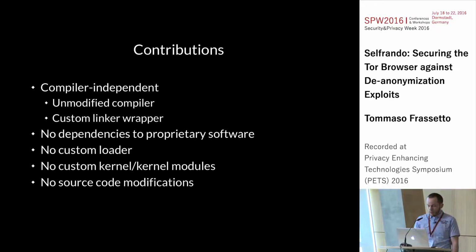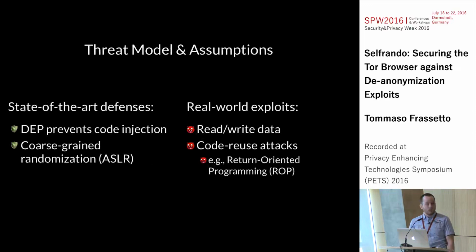Before we look into how our defense works, let's look at the threat model we assume for the rest of the talk. We assume state-of-the-art defenses, which means data execution prevention prevents code injection attacks. And we have address space layout randomization deployed as well.